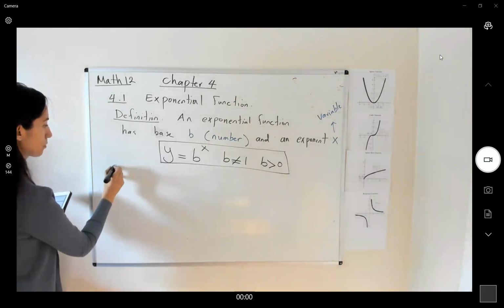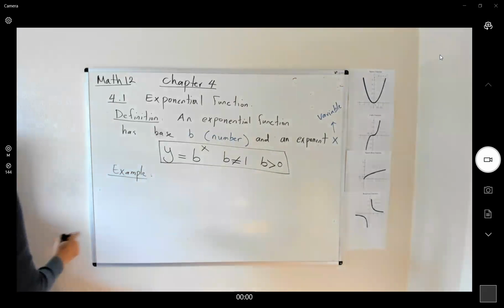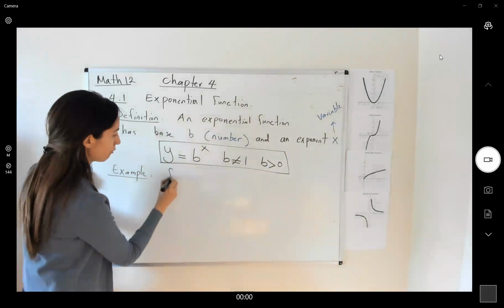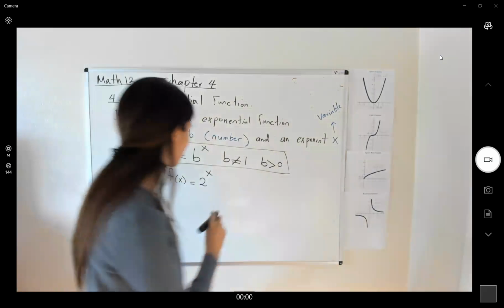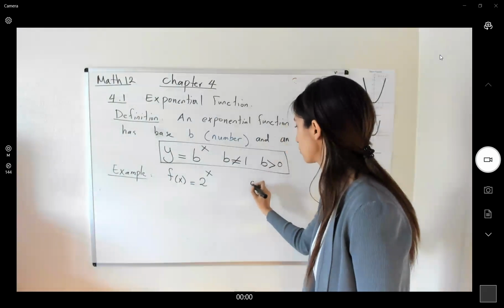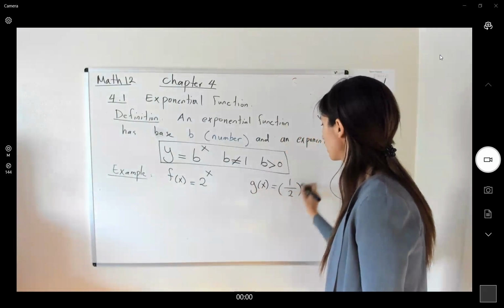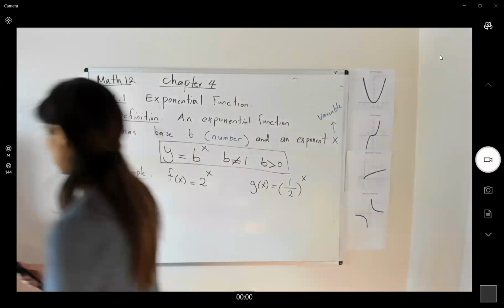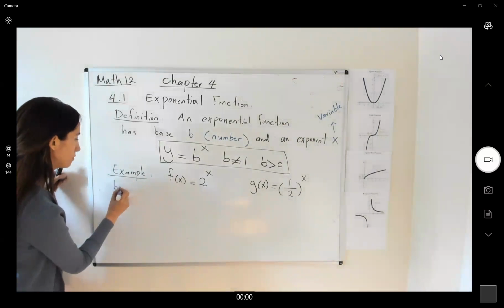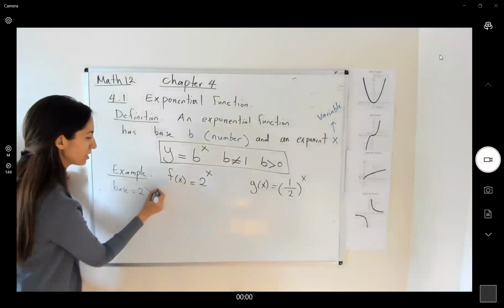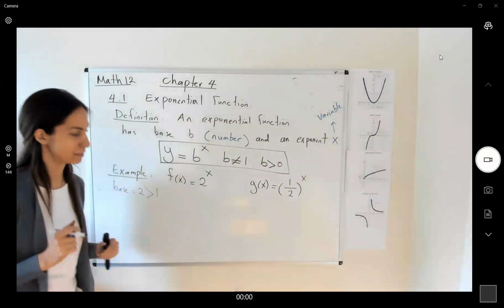Example. The first example is f of x, or y, equals 2 to the x. And the second example is, for example, g of x equals a half raised to the x. So your base is 2, which is greater than 1, and your exponent is just variable x.